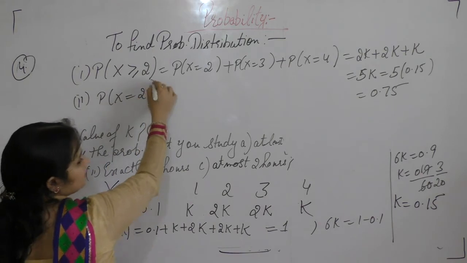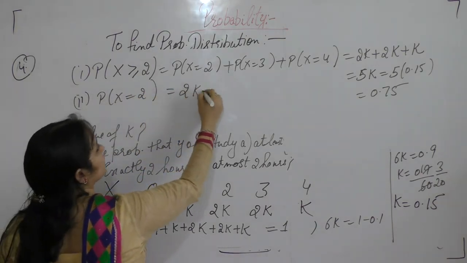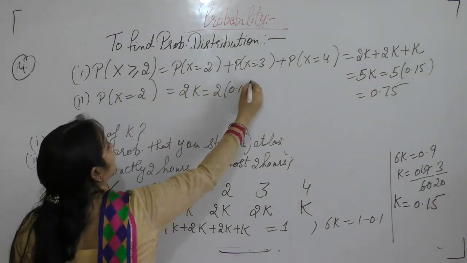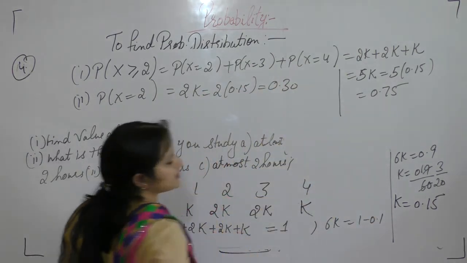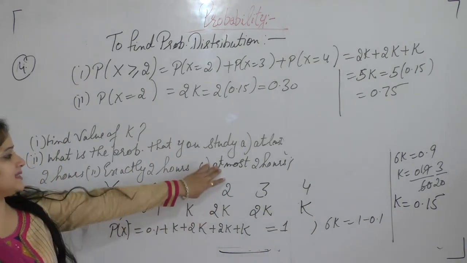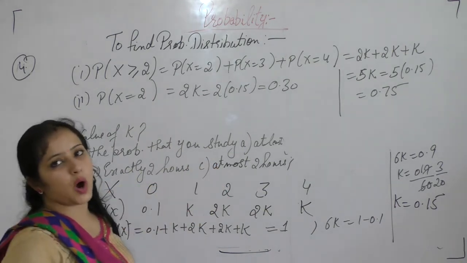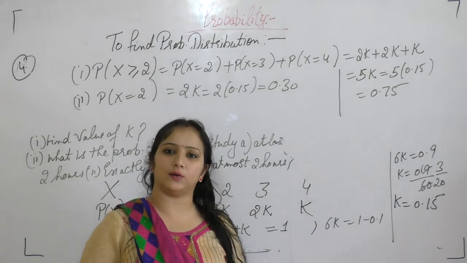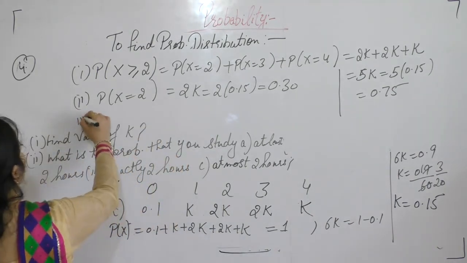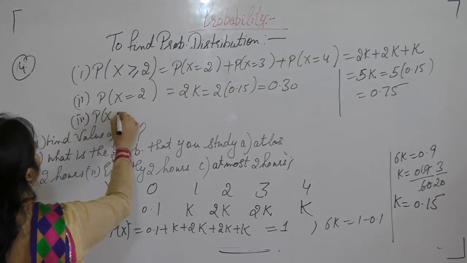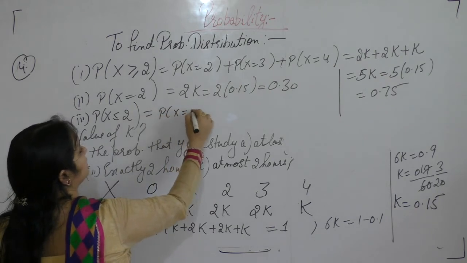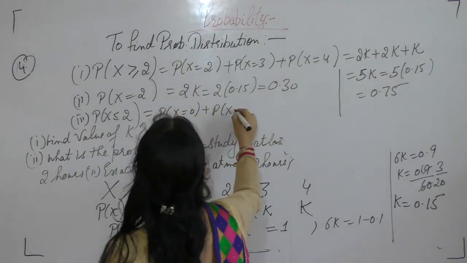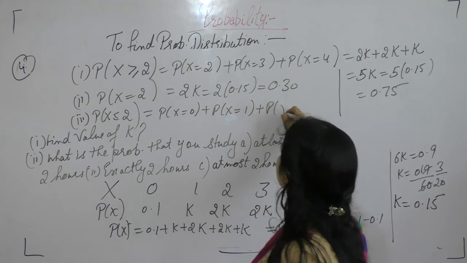Now the next is the case of exactly 2 hours. The probability at x equal to 2 is 2k, which is 2 into 0.15, that is 0.30. The last one is the case of at most 2 hours. So the probability at x equal to 0, 1 and 2.